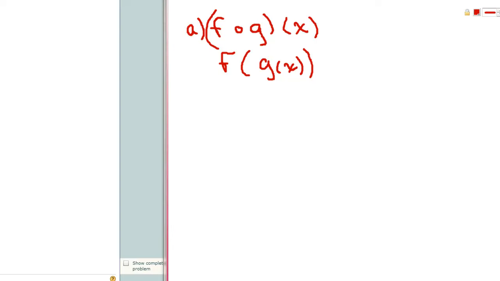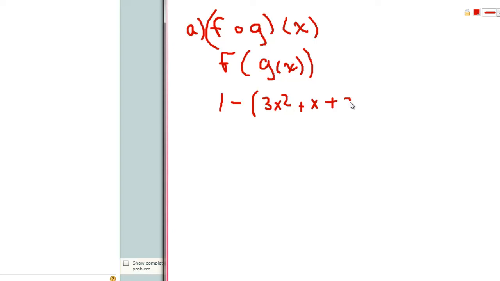So let's go through it. That's going to end up being 1 minus, and I'm going to put a parenthesis here to substitute in, because that'll help us see that we have to distribute that negative sign. Plus x plus 2.